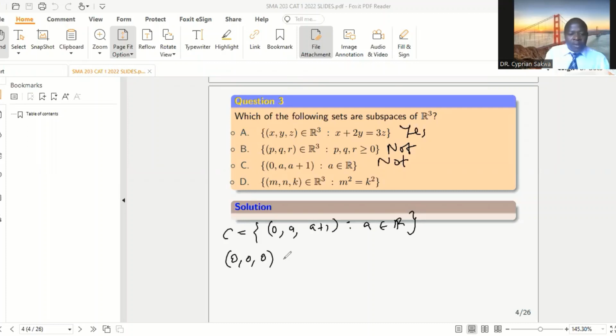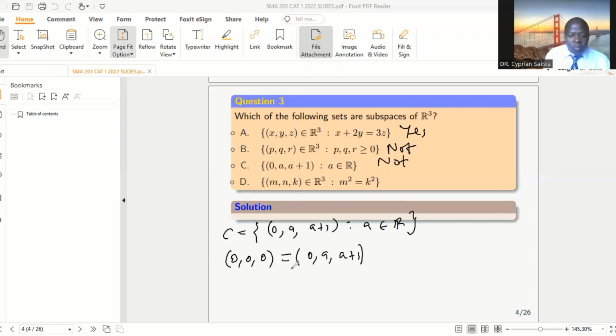Then this 0 vector will be equal to what I have here, (0, a, a + 1). Now, so what is a? Because if I have a 0 vector, then the 0 vector must fulfill this condition.